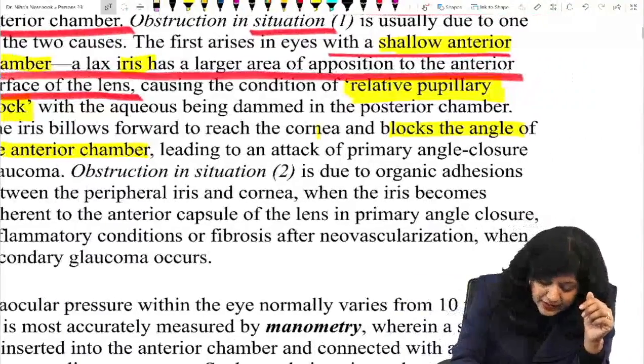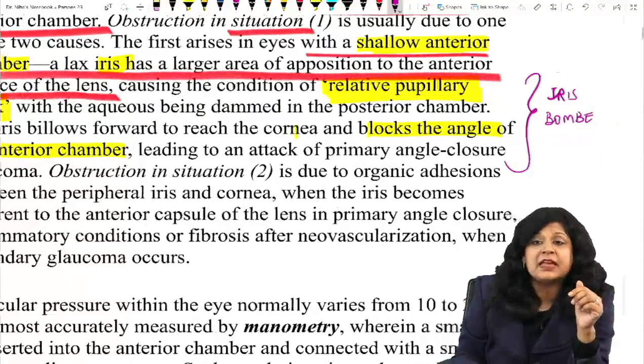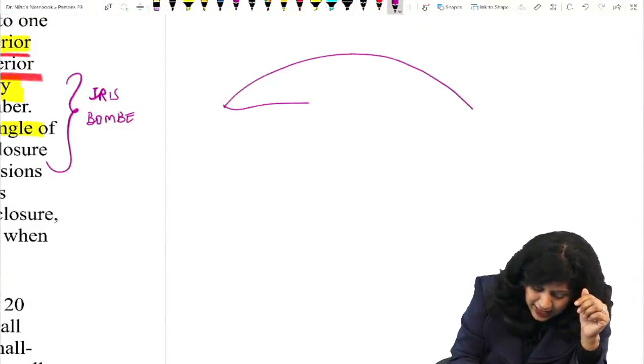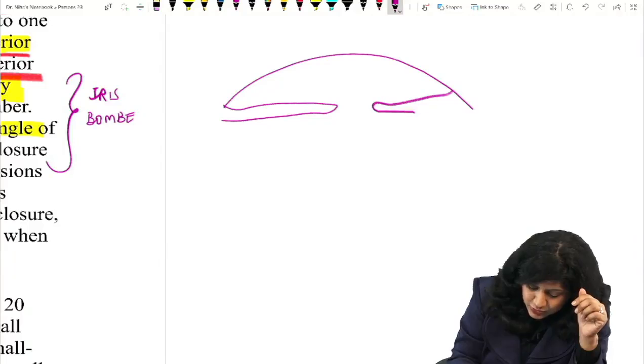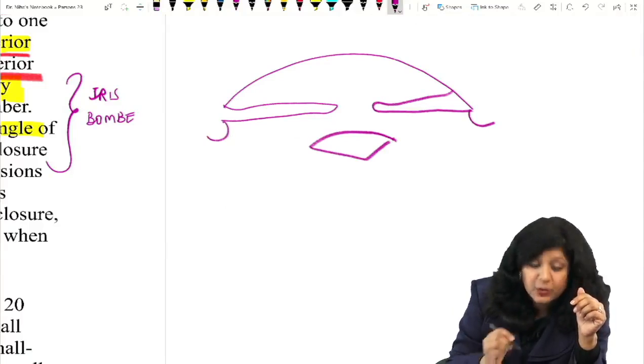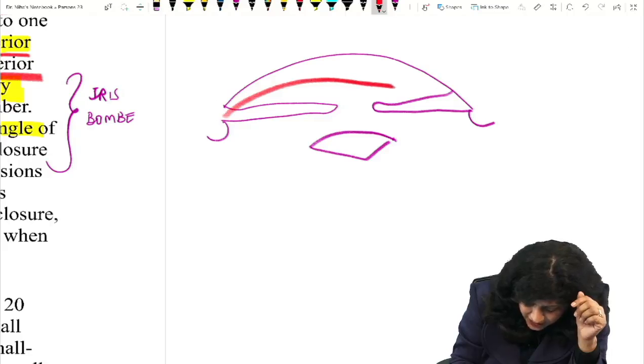So actually here they are talking about the iris bombé formation. Now let me explain what this is. Suppose this was your cornea, and we have the iris also like this, and the ciliary body and lens were there, not a problem. Now they are saying suppose this is shallow, very shallow here.